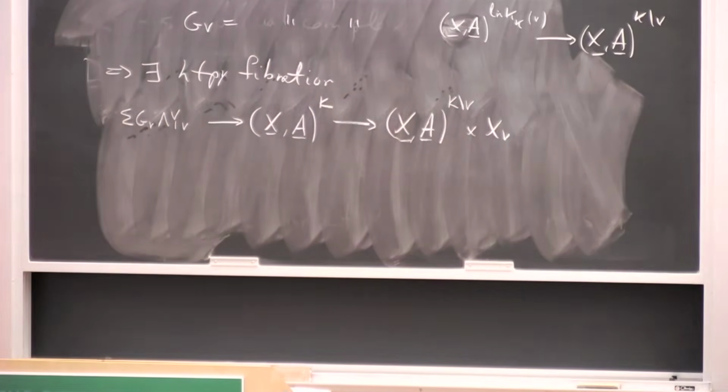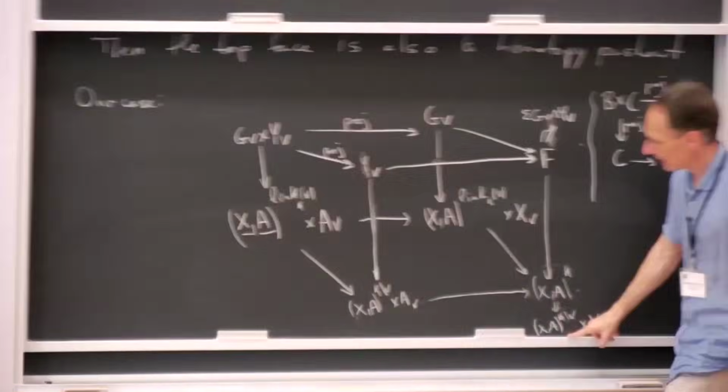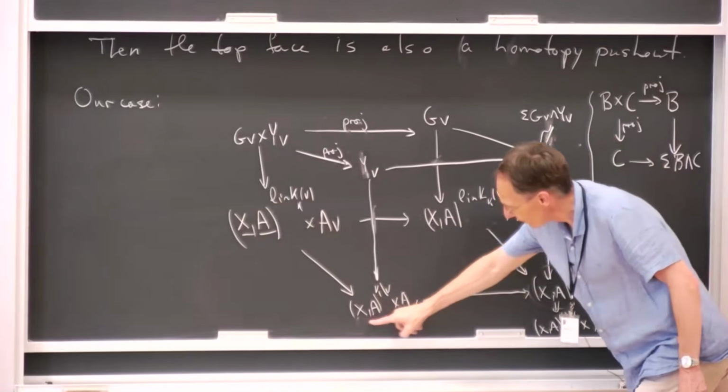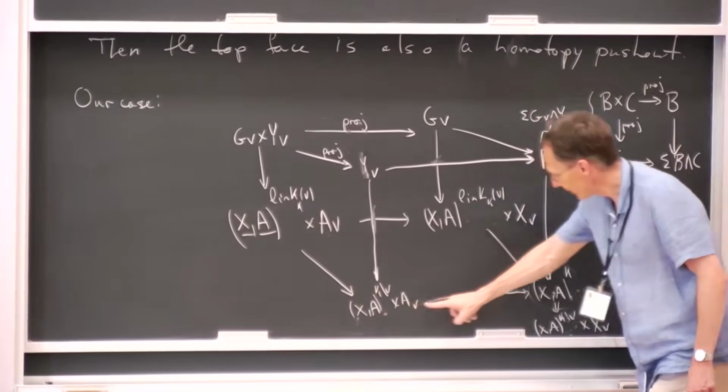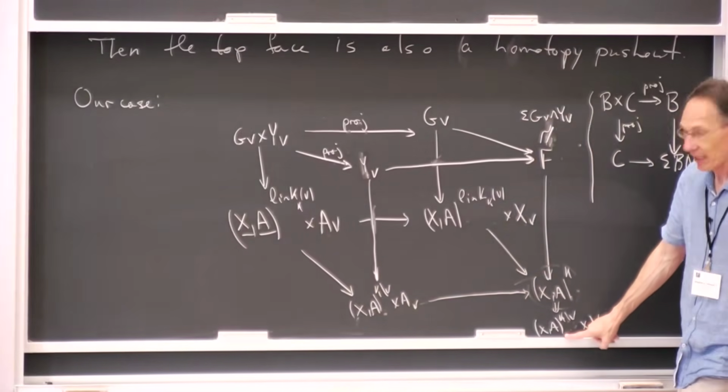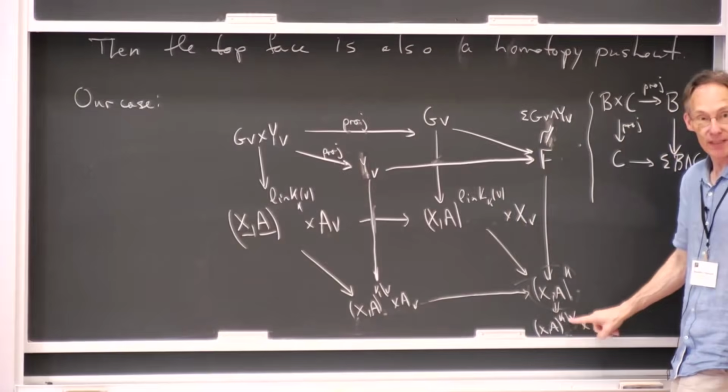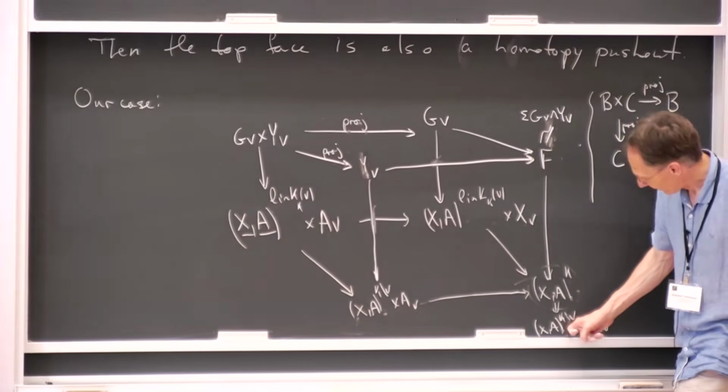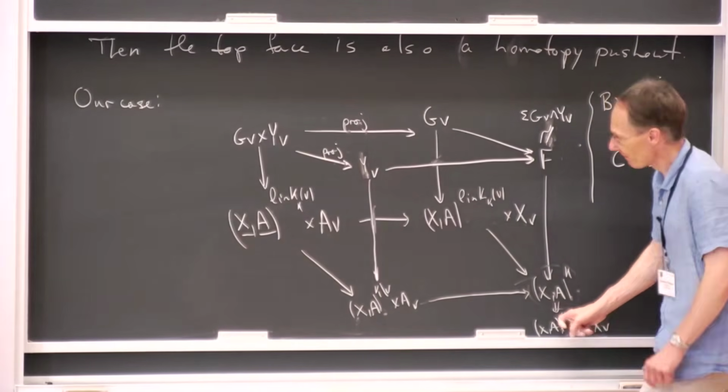And you get more, because if you think about this composition again, if you just restrict to the polyhedral product for the restriction, it includes into this factor, right? So this factor has an inverse.